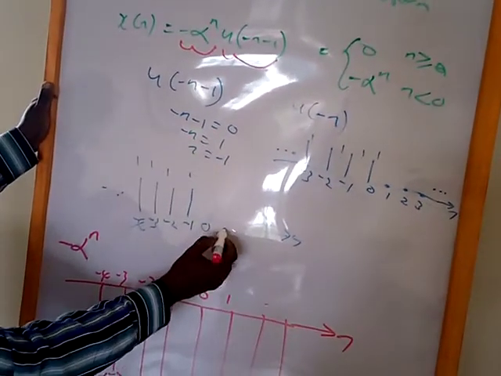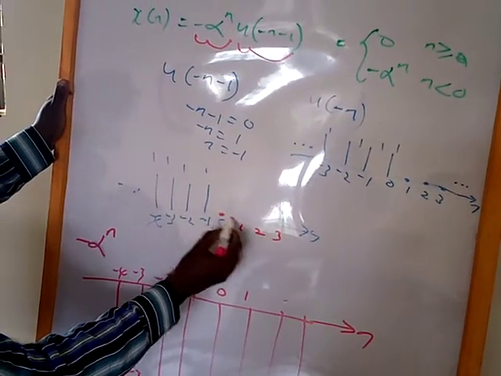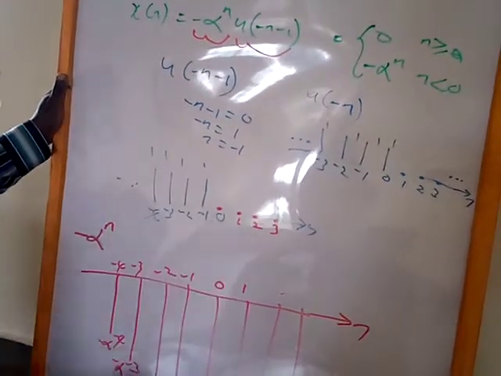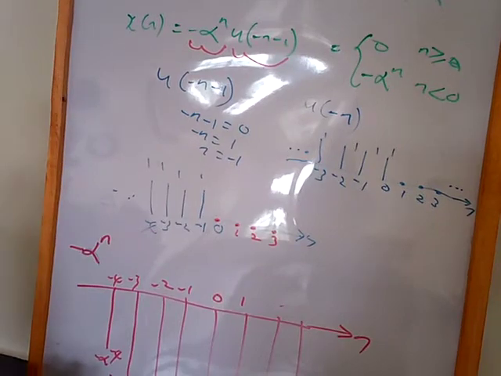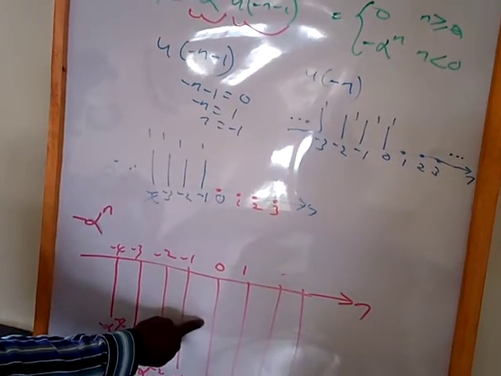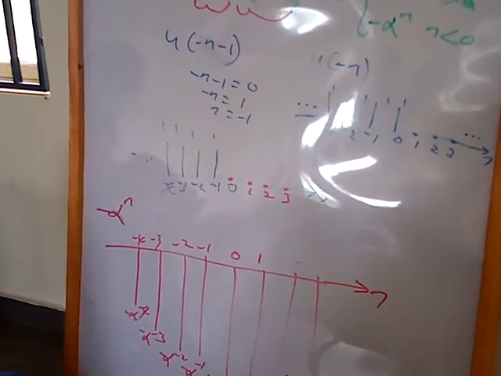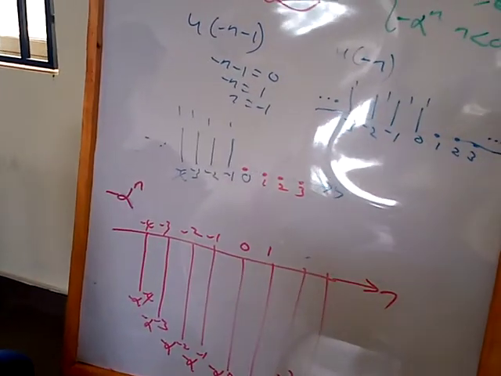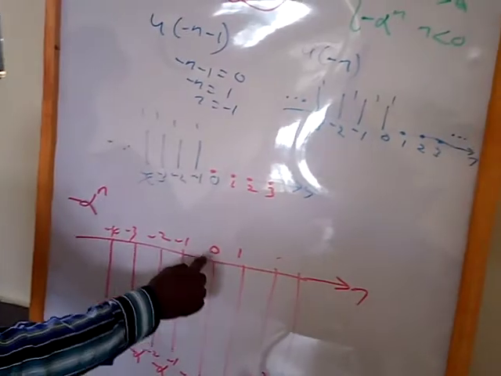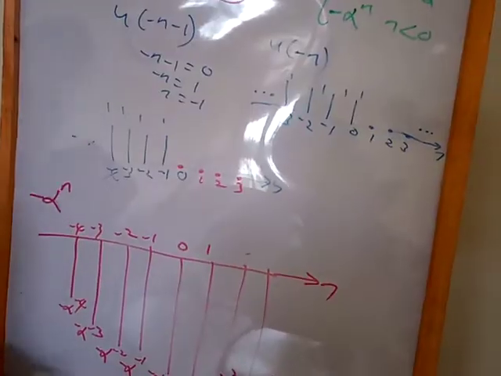Because from 0 to 1 to 2 to 3, we are having 0 here, 0 times this will give us 0, 0 times this will give us 0. The implication is that in the final analysis, the samples from 0 onward will disappear because they have been multiplied by 0.